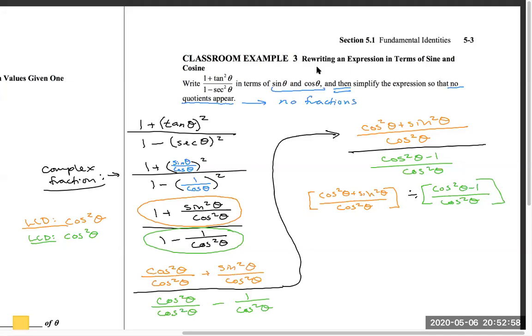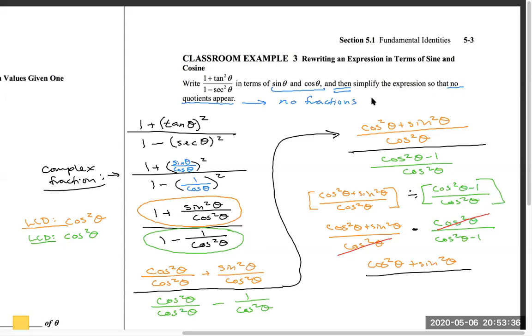So old school division, so that you see you're going to be multiplying by the reciprocal of the second fraction. So cosine squared theta cancels out. And you're left with cosine squared theta plus sine squared theta divided by cosine squared theta minus 1.